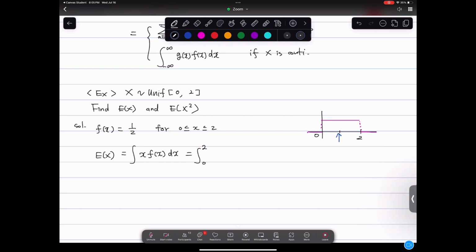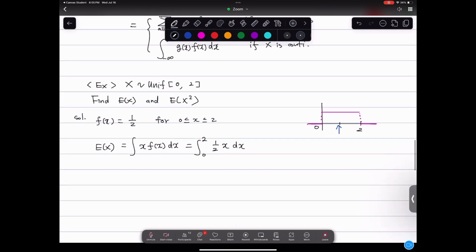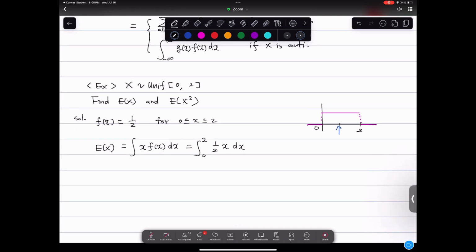Your x times your PDF of 1/2, so 1/2 times x dx. So it goes, again, 1/4 x squared from 0 to 2, you'll get number 1. So for the uniform case, the expected value, the mean, is right there in the center, right between 0 and 2. It's a fact.